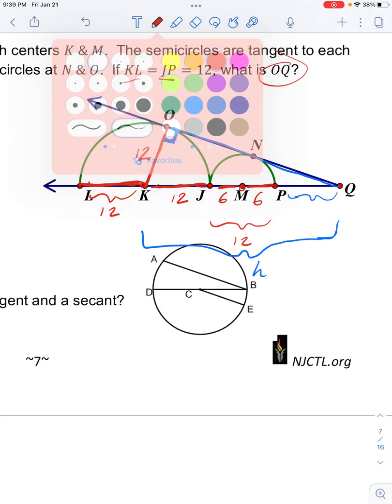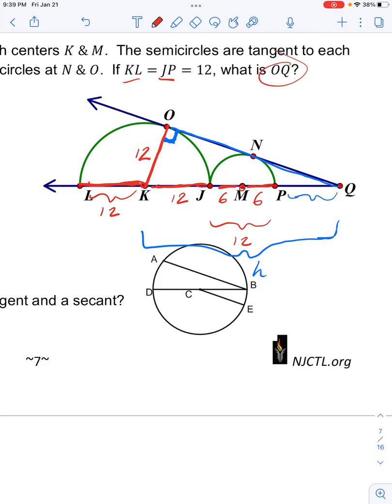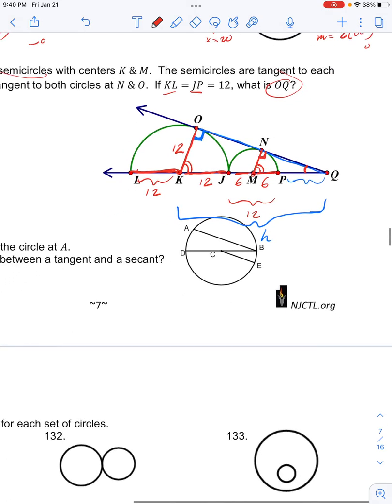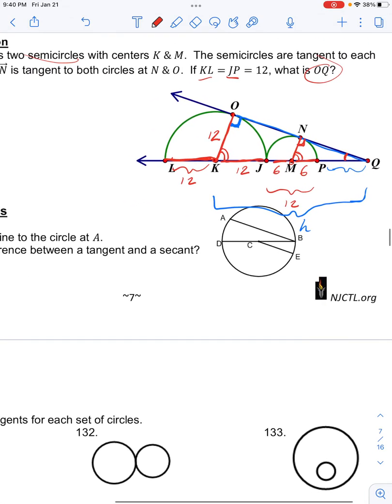So if we take a look at our two semicircles, if we draw the radiuses to both O and N, then we notice that we have a congruent angle over here. Also, we have a common angle shared here at Q. And so this means that these two triangles are similar. So we can set up a proportion between their corresponding sides.